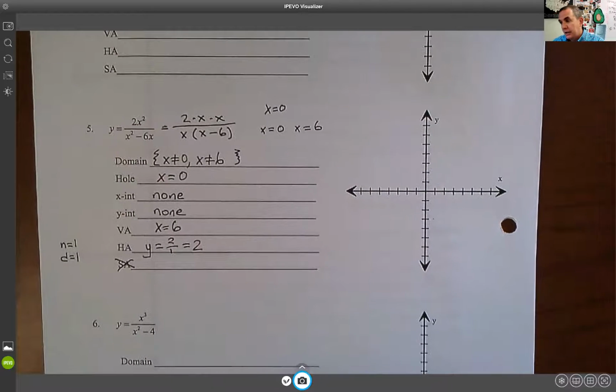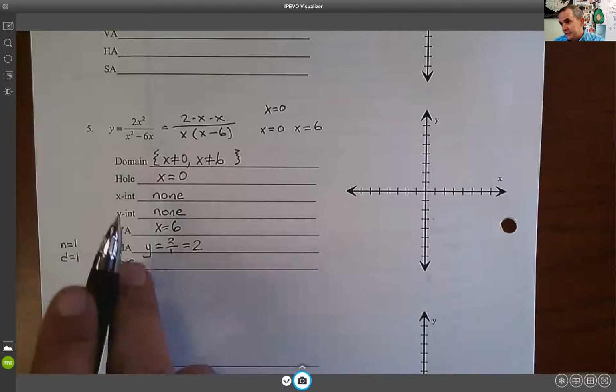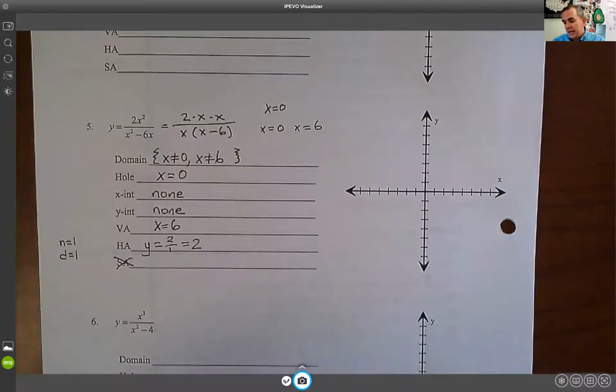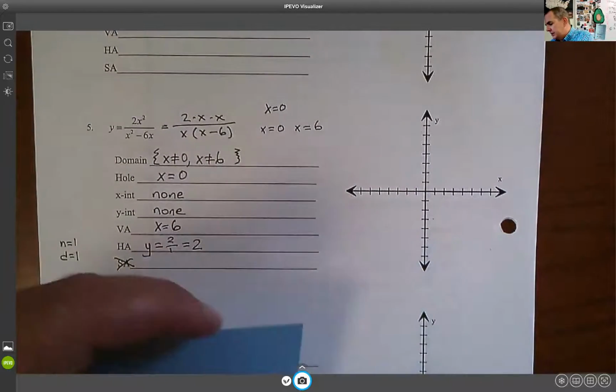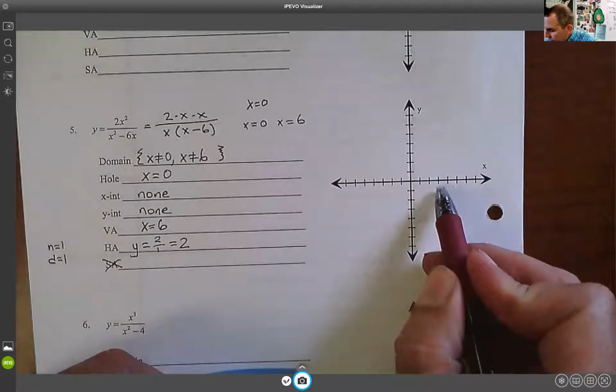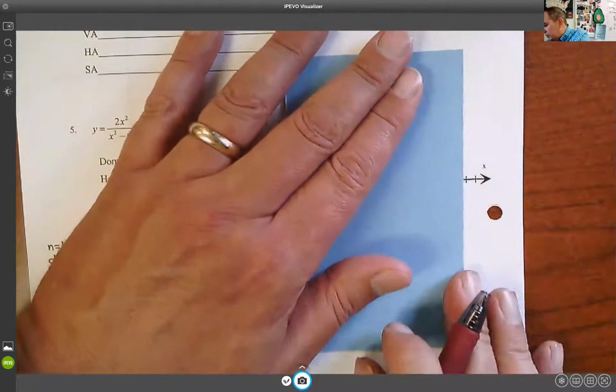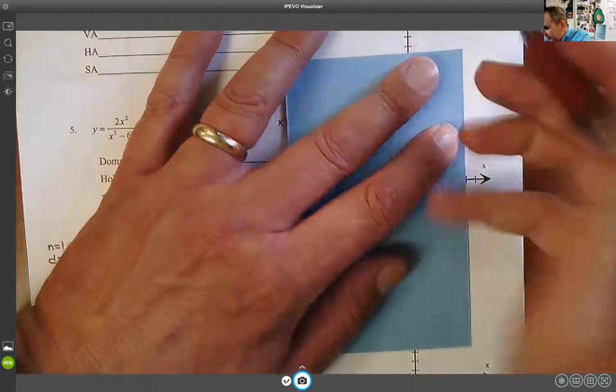So now, here's how we graph it. We start by graphing any intercepts if we have them. In this case, we don't have any intercepts, so we're not going to graph anything. Next, we're going to graph our asymptotes. The first one I'm going to start with is my vertical asymptote, x equals 6. 1, 2, 3, 4, 5, 6. To graph that, you're going to put a dotted line.